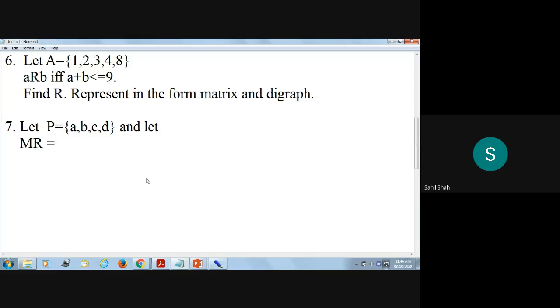So here you will be given a matrix. How should I write that matrix? It needs to be interpretable to you.